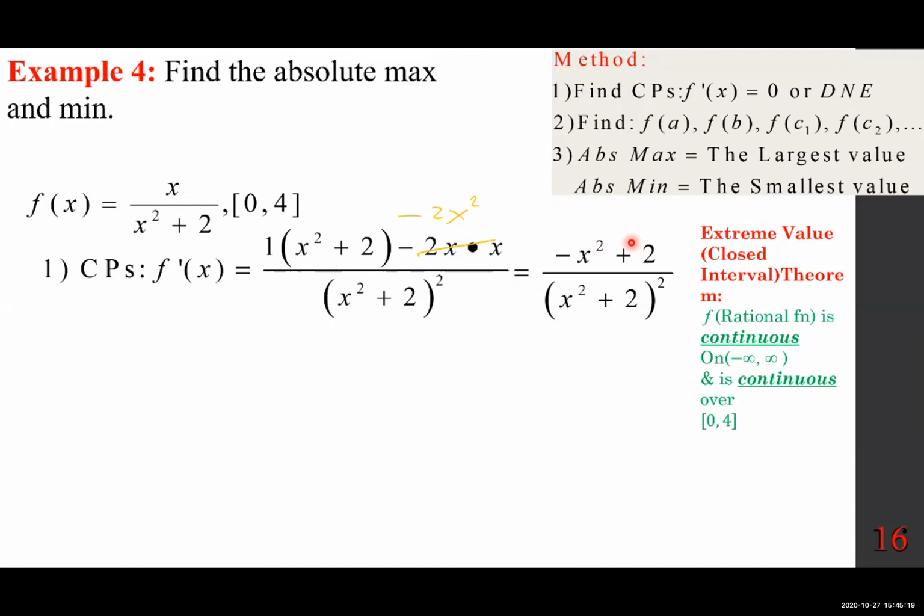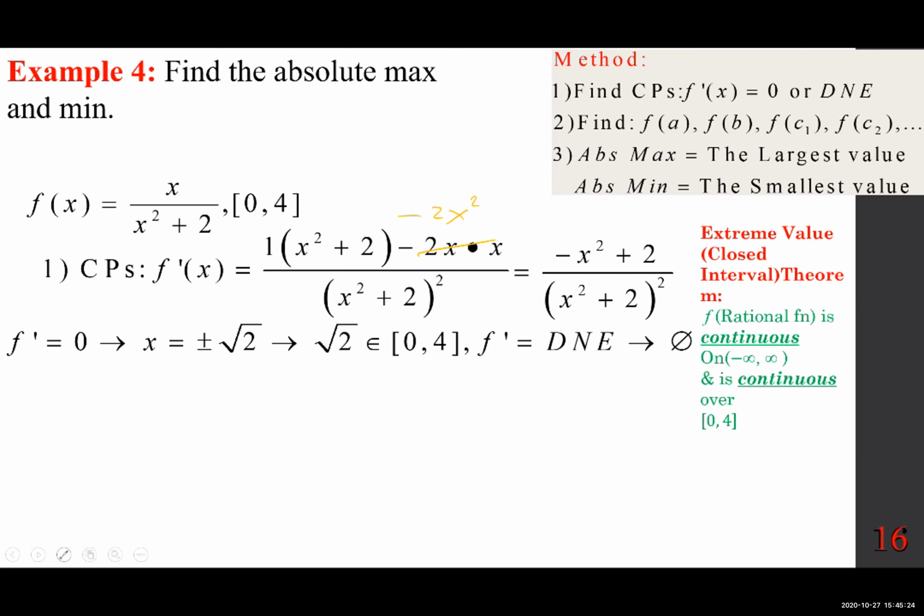If you put the top equal to 0, minus x squared plus 2 is 0. That means 2 is x squared, and that means x is plus or minus square root of 2. And so, as you can see, the domain is 0 to 4, so minus square root of 2 is out, just use the square root of 2. F prime doesn't exist where the denominator is 0, but it doesn't give us anything.